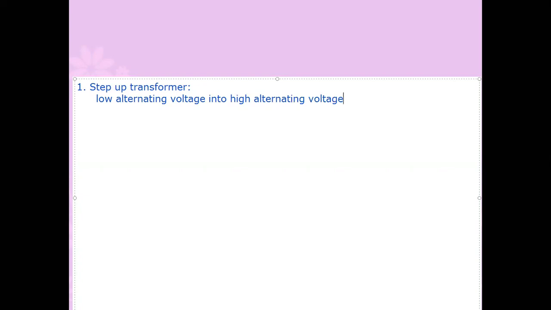So the number of turns in the secondary coil is more than in the primary coil. So this is the step up transformer.